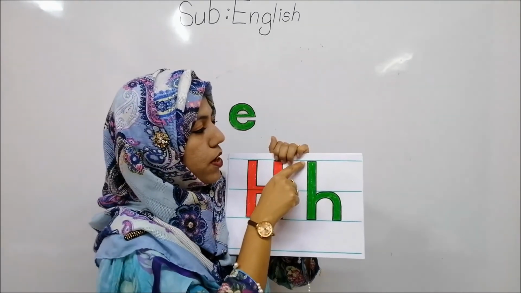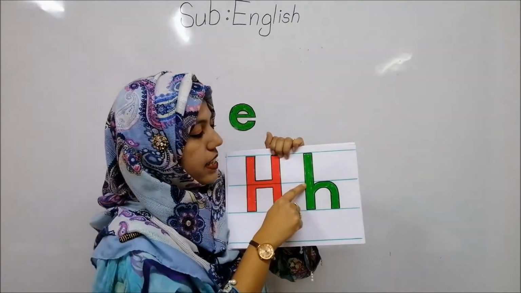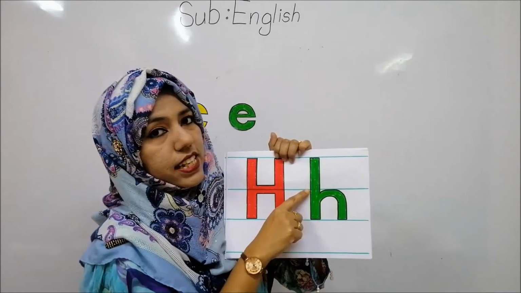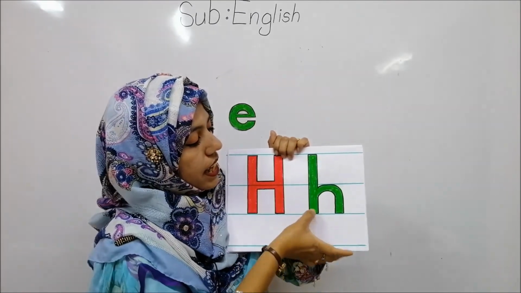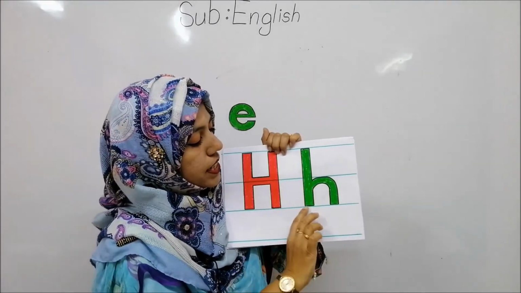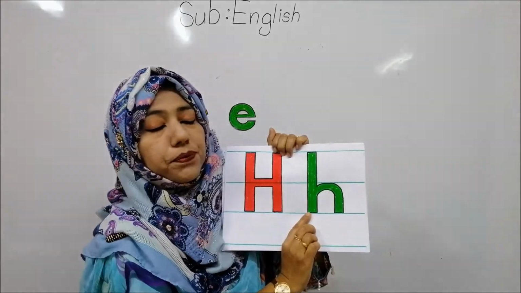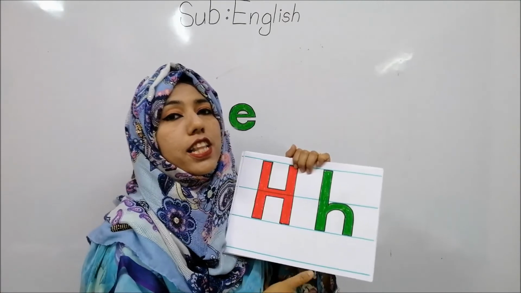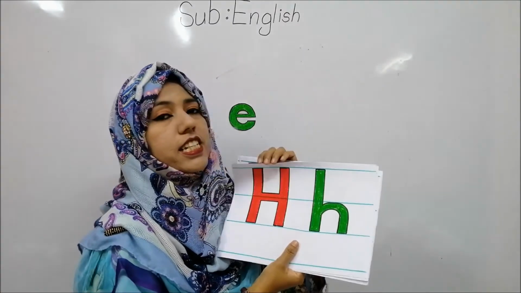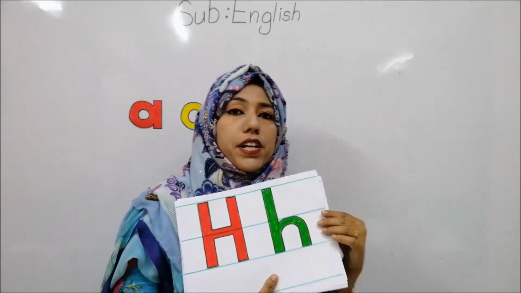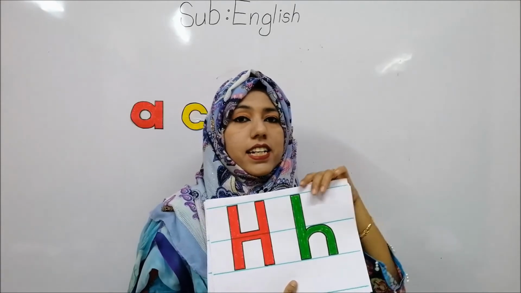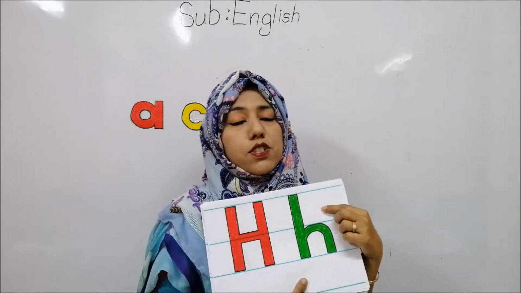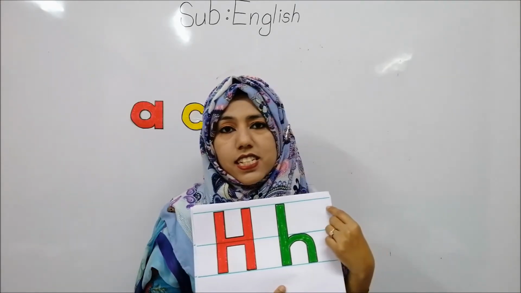H starts from first line, then it goes down, touches the second line, then again it's going down and touches the third line. So it's a tall letter. This is also not a friend of Mr. Turtle, right?